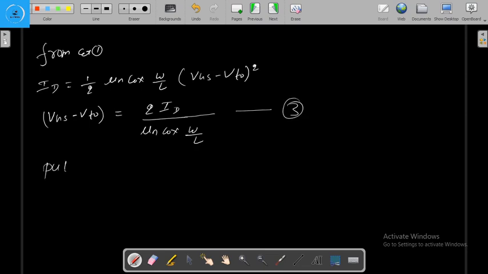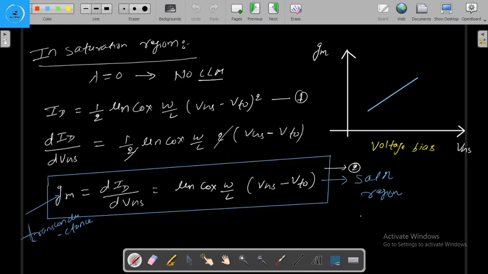Now we are putting equation 3 in equation 2.